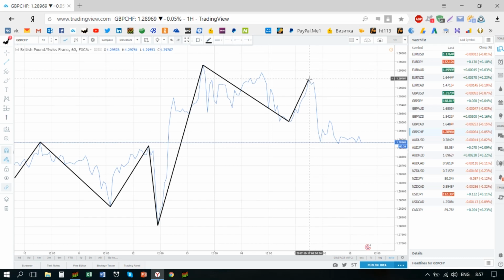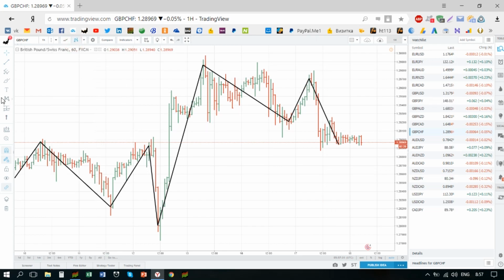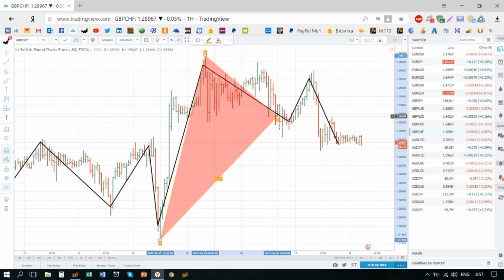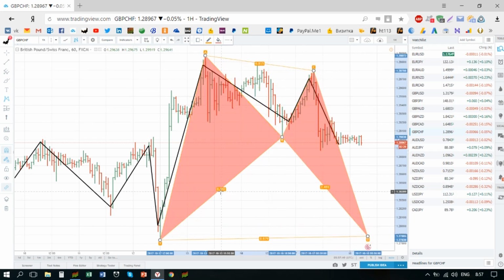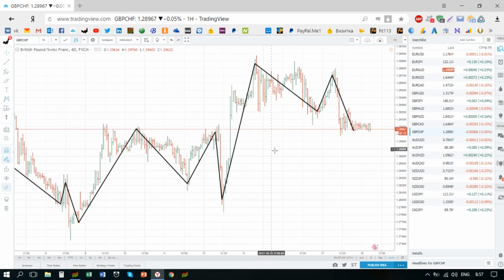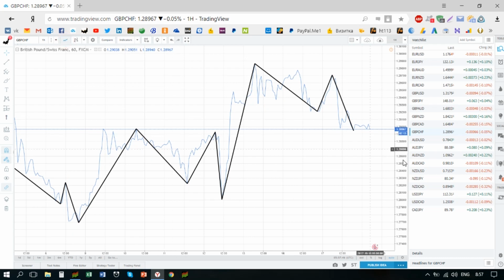Now we have broken lower this way. Which one is the lowest? Potentially we have some pattern formation. It may look this way: X to A to B to C to D, and pay attention to this B point. The pattern is not valid, at least with advanced pattern approach.